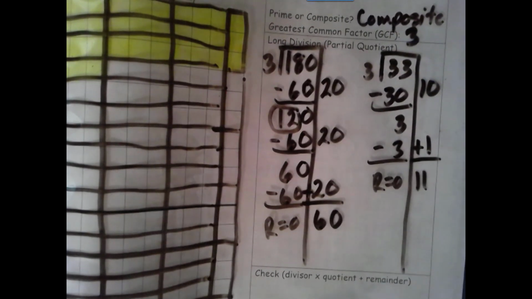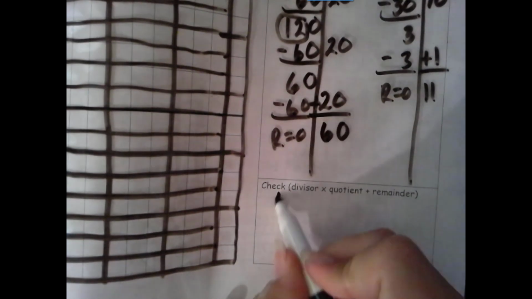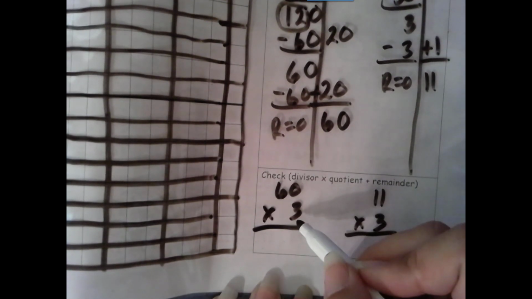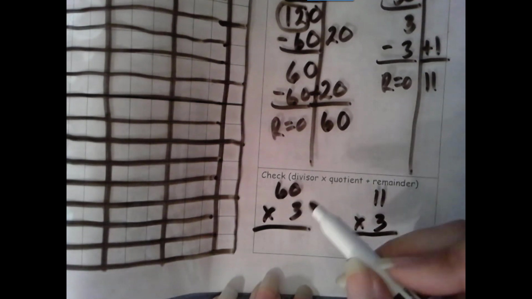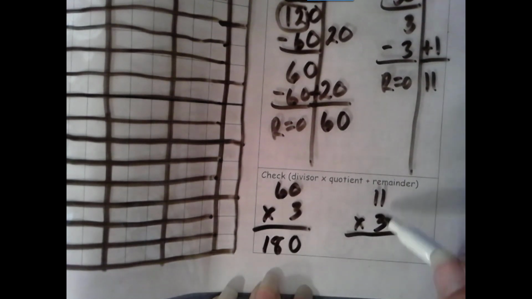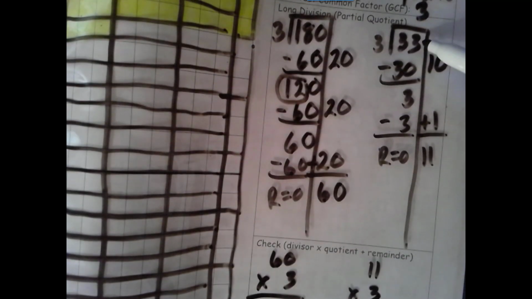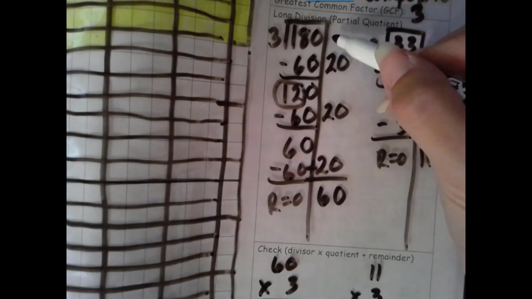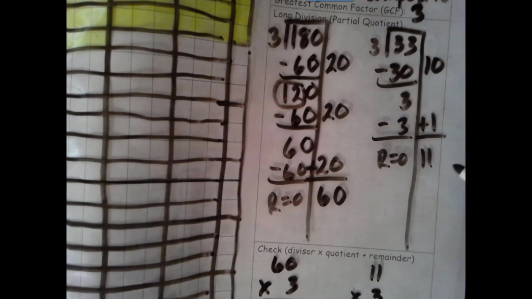Since my remainder for both is 0, and the identity property of addition says when you add 0, it stays the same, I don't need to add 0. 3 times 60 is 180, 3 times 11 is 33. 33 matches 33, so that checks. 180 matches 180, so that checks. That means my numerator is definitely 11, my denominator is definitely 60.